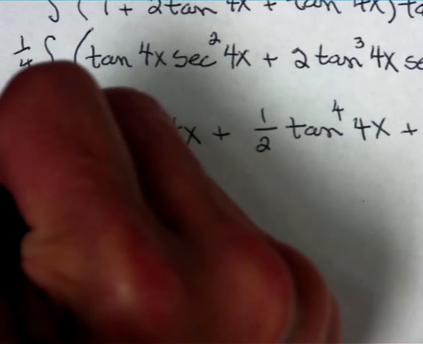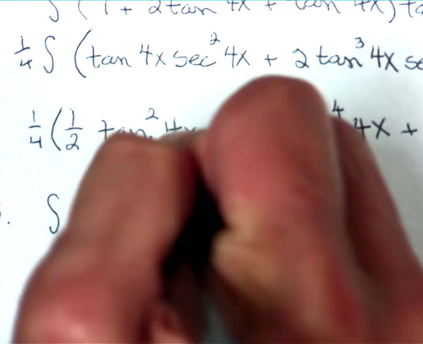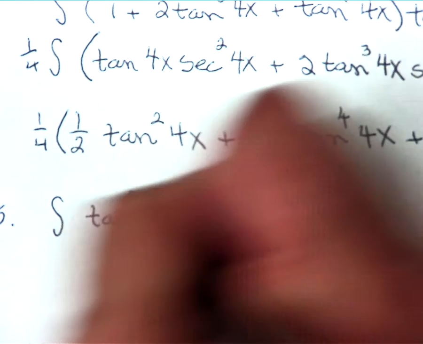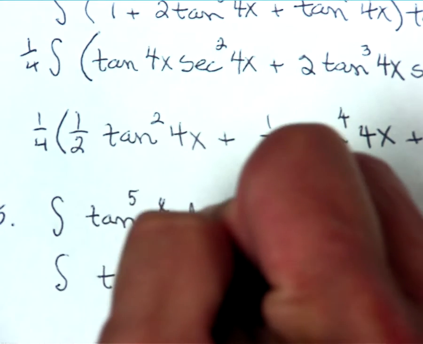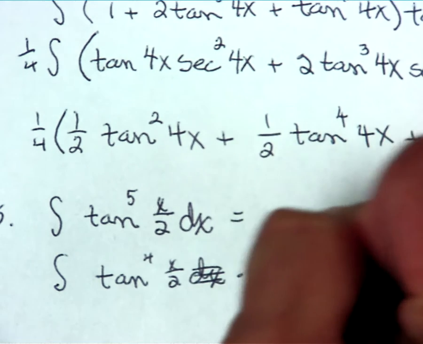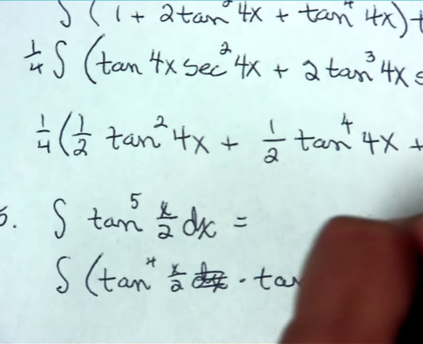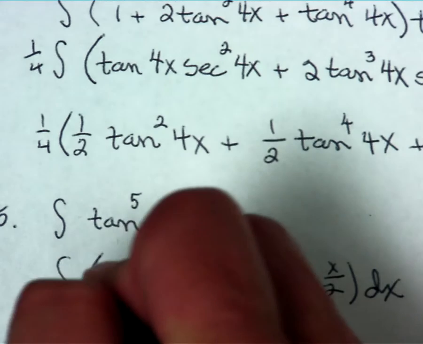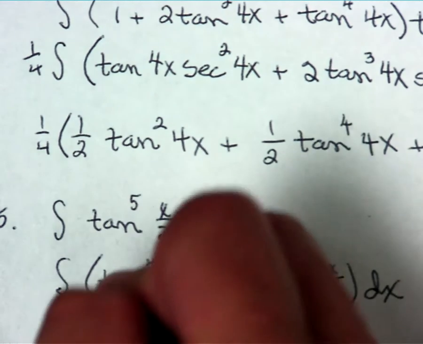Okay, that's different than what I did, so let me look at it again. You're saying tangent to the fourth times tangent, and then you wrote tangent to the fourth as tangent squared, secant squared -1.